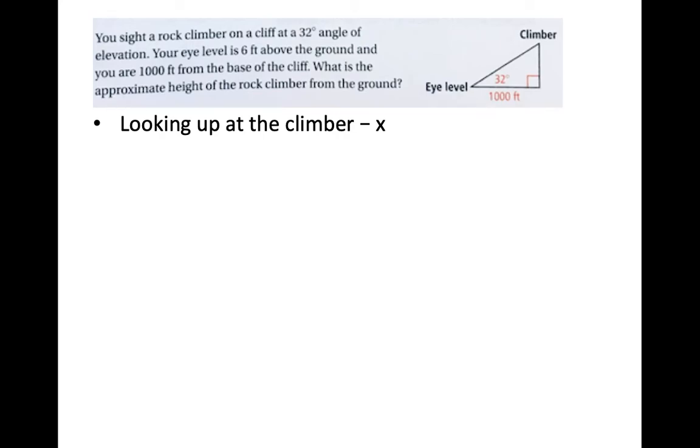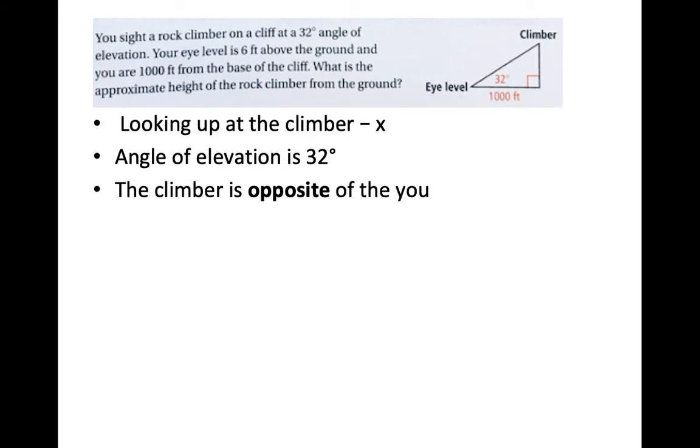So we'll say the distance from your eye level to the climber, we're going to call that distance x. And notice that distance x, or the climber, is opposite of you, opposite of the eye level. Since you're looking up at the climber, this is an angle of elevation, and the angle of elevation is 32 degrees.